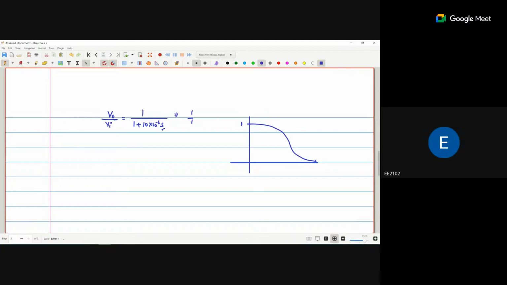Now, the cutoff frequency is the frequency at which the magnitude is reduced by 3 dB, or to 1 upon root 2 times the maximum.